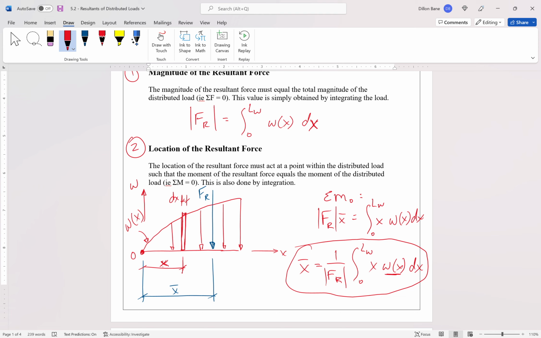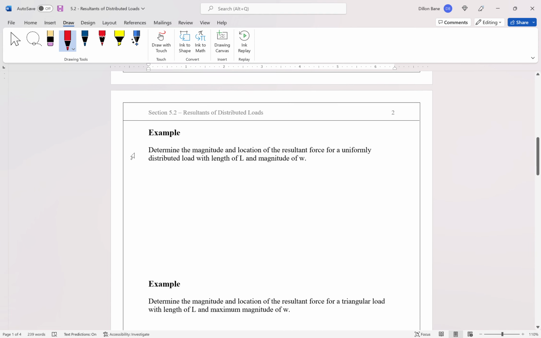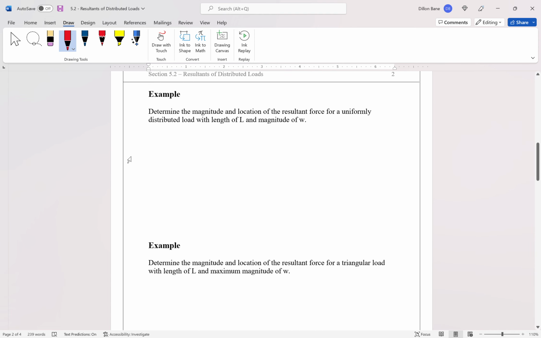So let's just talk about our first example then. Let's just go to the first example. It will start making a lot more sense after this. So let's determine the magnitude and the location of the resultant force for a uniformly distributed load with length of L and a magnitude of W, okay? So essentially, just a plain Jane uniform load.